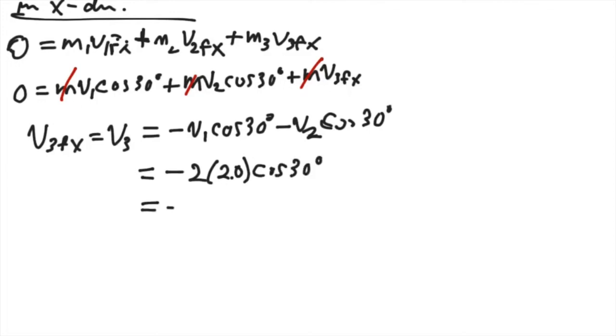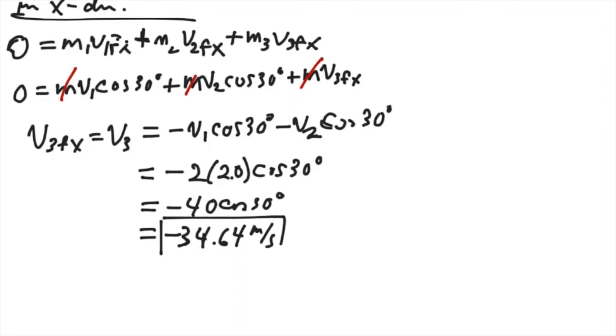So it's going to be a negative 40 cosine 30 degrees. What is that? A negative 34.64 meters per second. That is v3 final, and that is v3. So that is the velocity of mass 3.